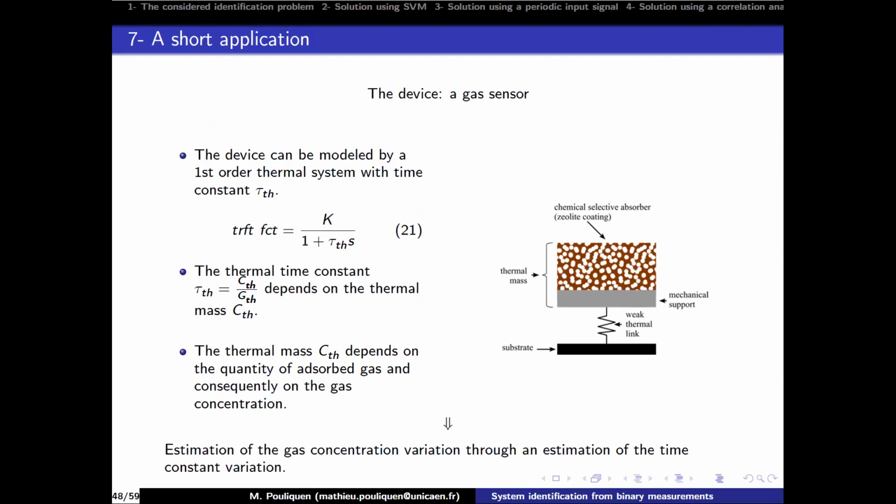There are selective absorbers such that when the concentration of gas increases, the thermal mass of the device increases, and we can show that the time constant depends on the thermal mass. The idea here is, when there is some variation of gas concentration, to analyze the time constant. We have an idea of the concentration of the gas by identifying the time constant.